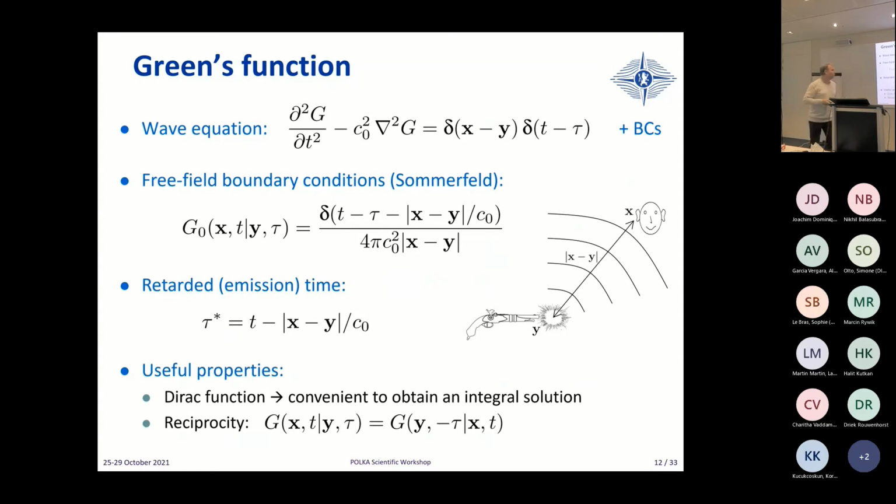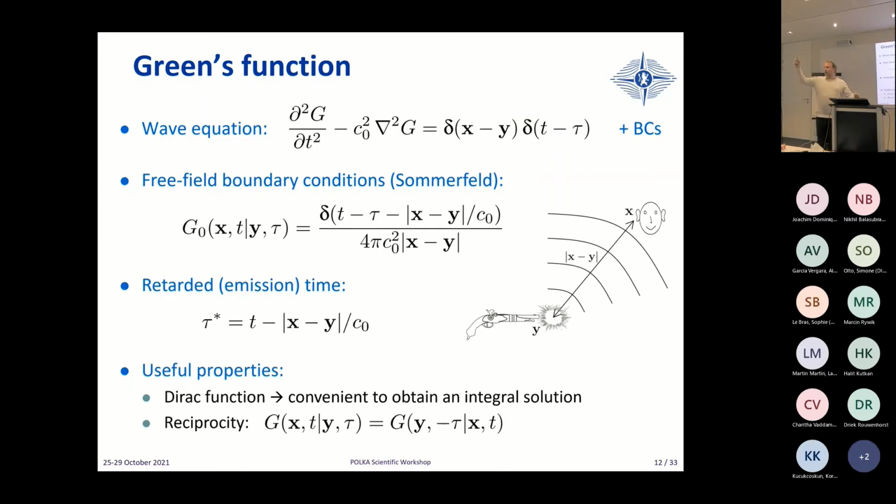Now, there are a couple of useful properties of this Dirac function. We mentioned already it's convenient to obtain an integral solution. And then you have another useful property, which is the property of reciprocity. Sometimes it's a little bit difficult to solve the problem when the source is here and the listener is there.